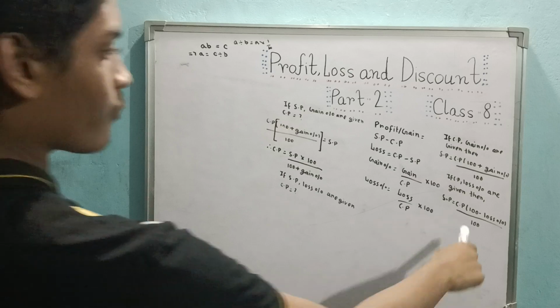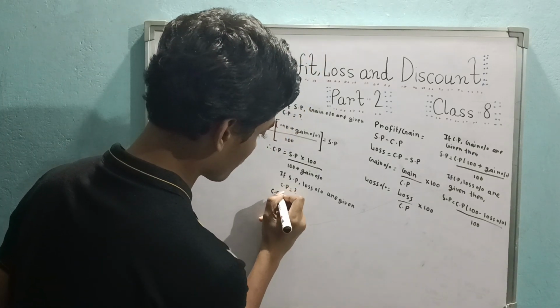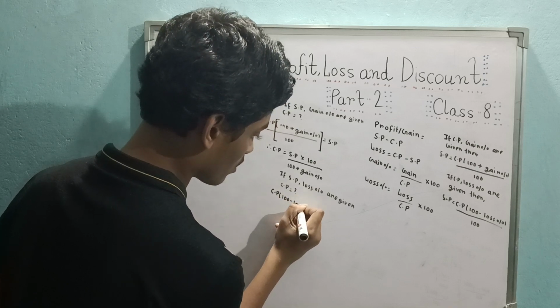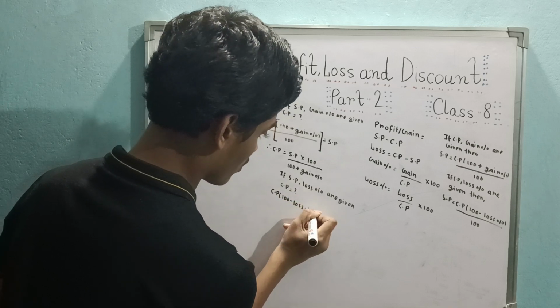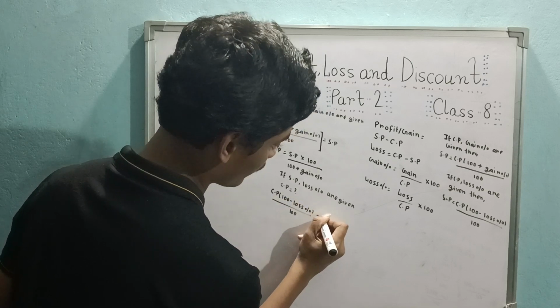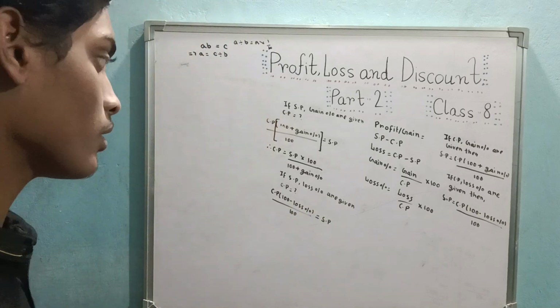See this, we have this formula first of all. So let me just write it in inverted way. CP multiplied by 100 minus loss percent divided by 100 equal to SP. We have this formula originally for when we have CP and loss percent, we have to find SP.